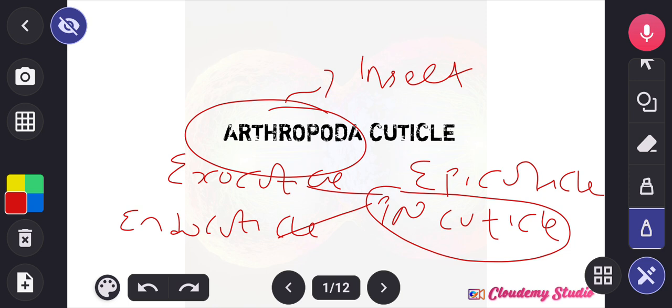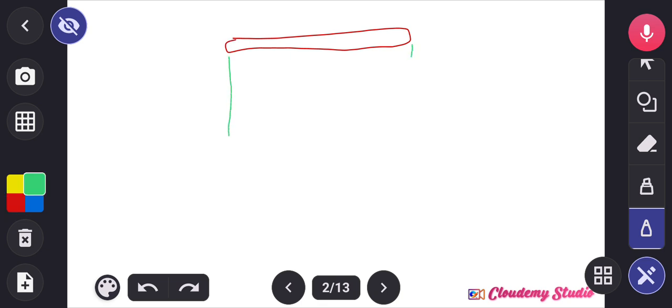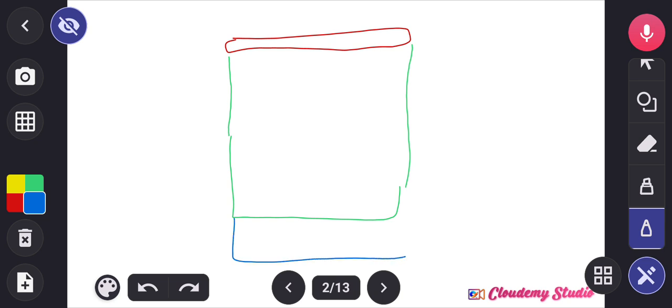Arthropoda cuticle. Which means from this description, I can quickly sketch how an arthropoda cuticle looks. I can say we have a thin layer epicuticle. Let me use red to represent that, and a thick layer procuticle, and let me use blue to represent the epidermal layer because I said they sit on an epidermis or a basement membrane, right?